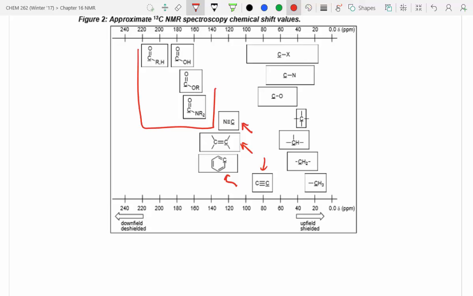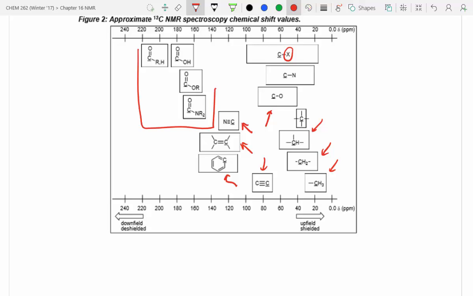Then next you've got single bonded carbons with some sort of electronegative atom attached. So you can imagine X is any electronegative atom, whether that's fluorine, bromine, or chlorine. And then you've got your tertiary carbons showing up at a much lower ppm, and then secondary, and then primary. So you can use this to at least roughly approximate what you've got going on.